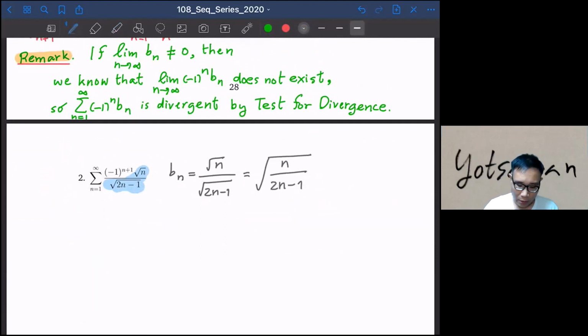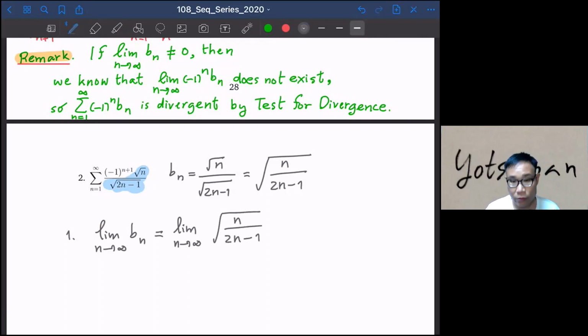And you're going to find the limit as n goes to infinity of this bn. Okay, so this is your number one.